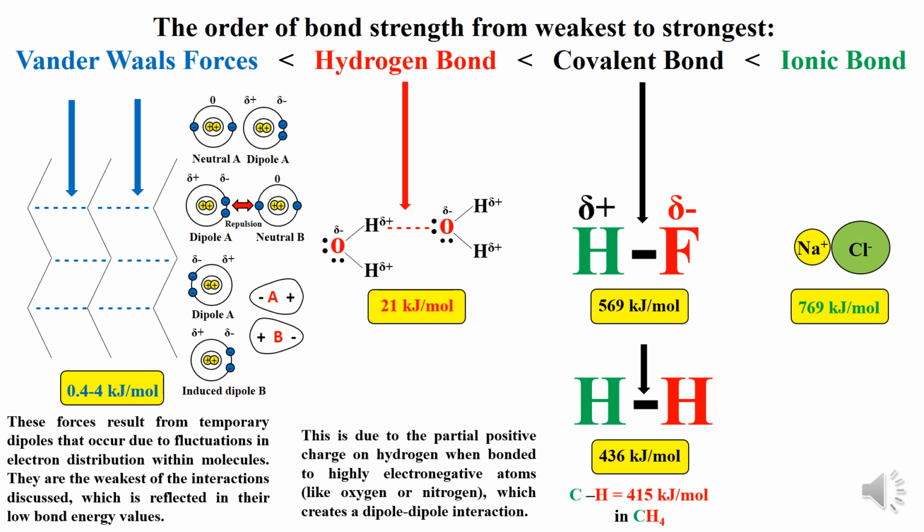And therefore, enormous amount of energy is required to break this ionic bond. Nearly 769 kilojoules per mole of energy is required to dissociate 1 mole of solid sodium chloride into gaseous sodium ions and chloride ions.